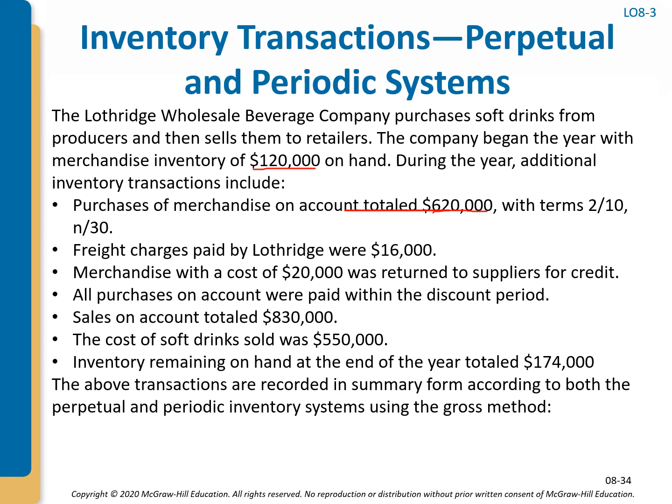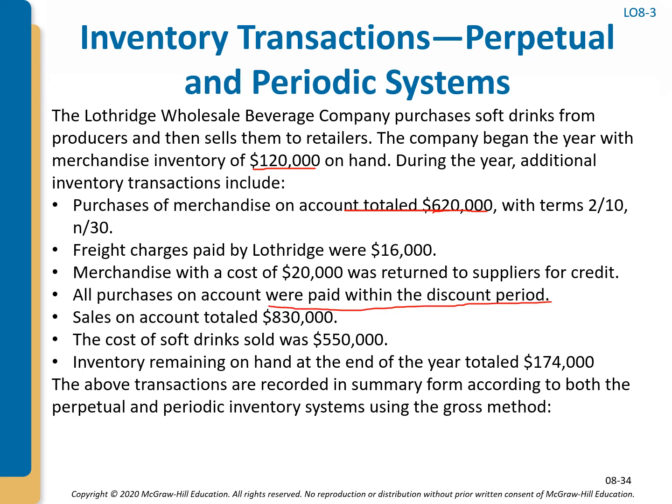Freight charges paid was $16,000. Merchandise with a cost of $20,000 was returned to suppliers. All purchases on account were paid within the discount period, so the company took full advantage of the discount.